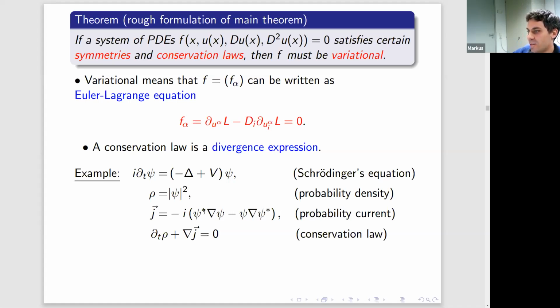And then there's another thing you can compute here, this vector j, which is the probability current. Everything depends on this wave function psi. And then this equation here will be satisfied on solutions of the Schrödinger equation. So this is a conservation law, I call it current conservation.